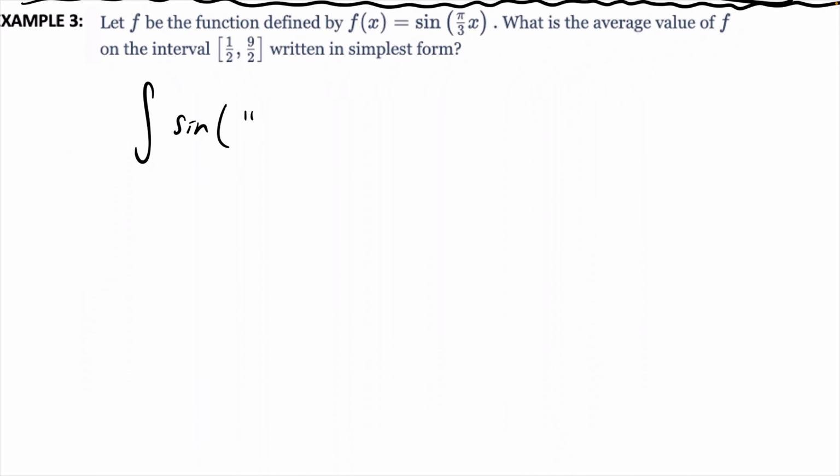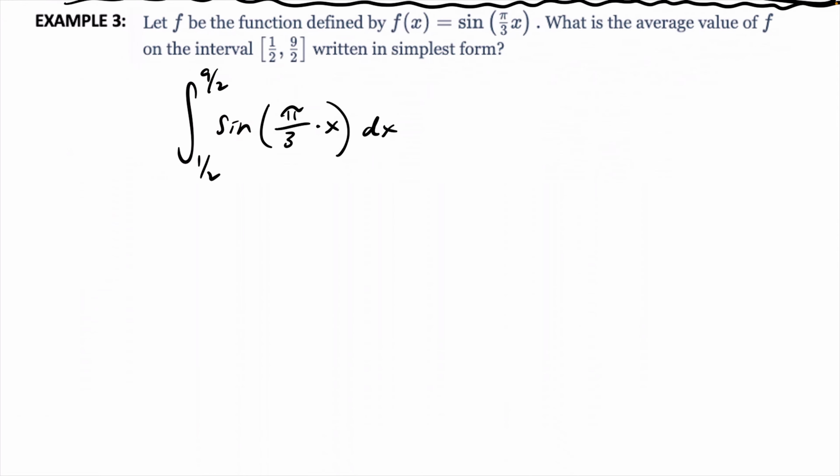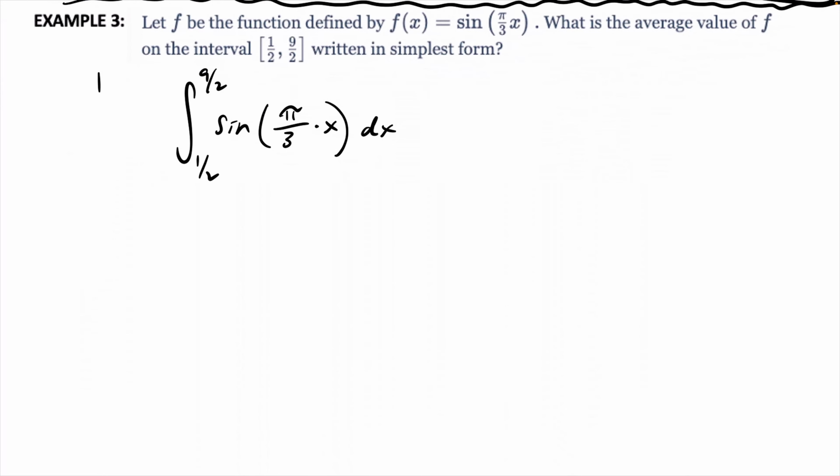So I have pi over 3 times x dx. The top bound is 9 over 2. The bottom bound is 1 over 2. I got to subtract them.